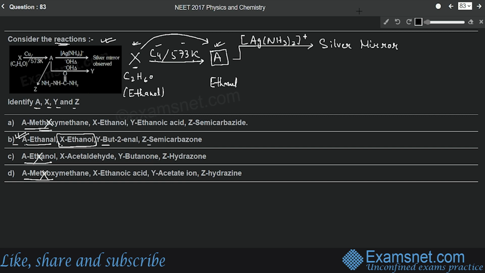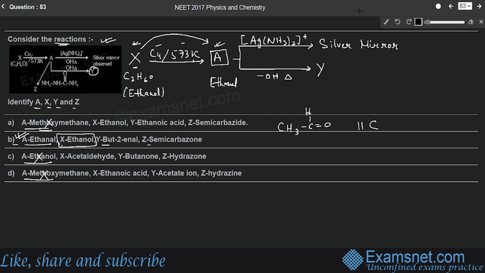Let's see, Y is obtained in the second reaction. What happens? This A is heated in a basic medium. Okay, it is heated in a basic medium in this second reaction to give the compound Y. So let's check what will happen when ethanal will be heated in basic medium. So let's write down the reaction here. Ethanal, that is CH3CH double bond O. So it will react with another ethanal molecule, right?